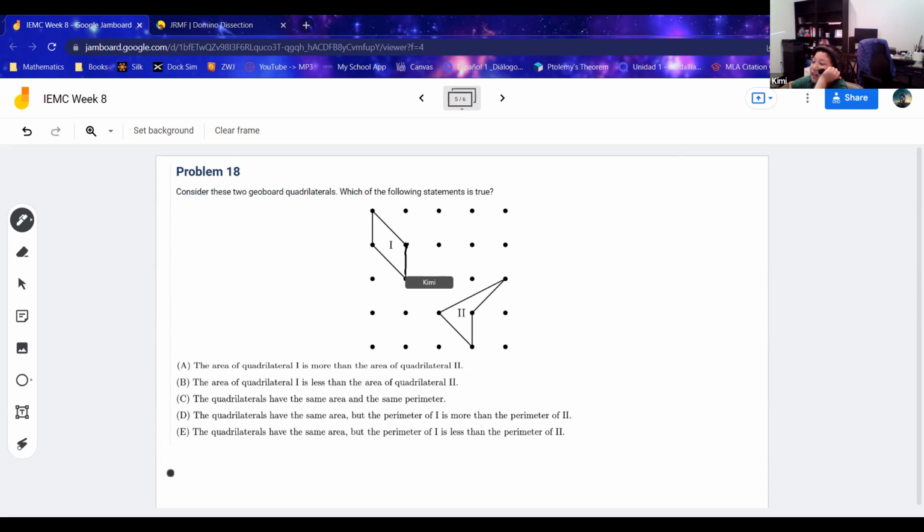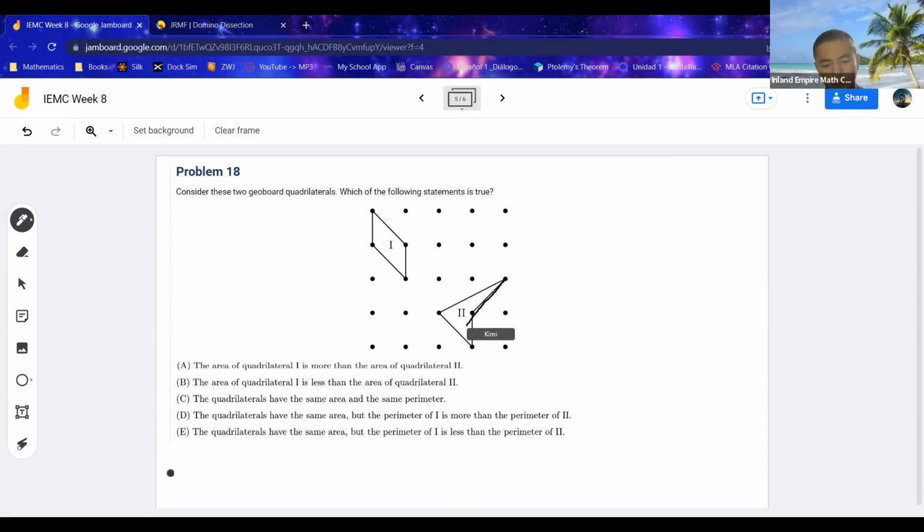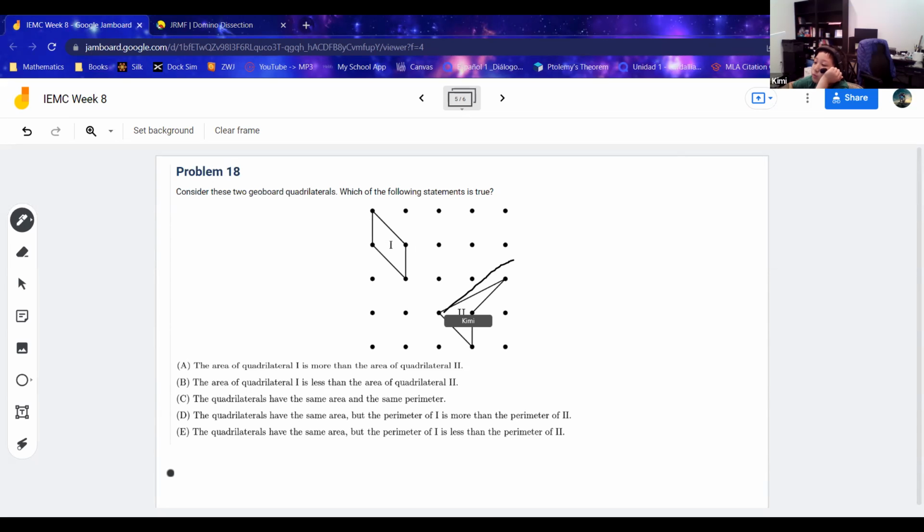That means we know that one side is completely equal. But we still would have to figure out the other side. This is almost the same length as this, but I think it's a bit longer. No, it's the same. You're right. It's the same. And then this one we can leave as a question mark, but this one is definitely longer.